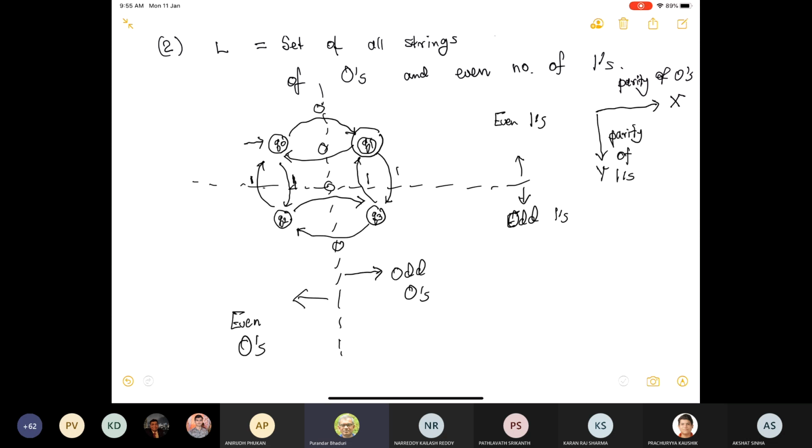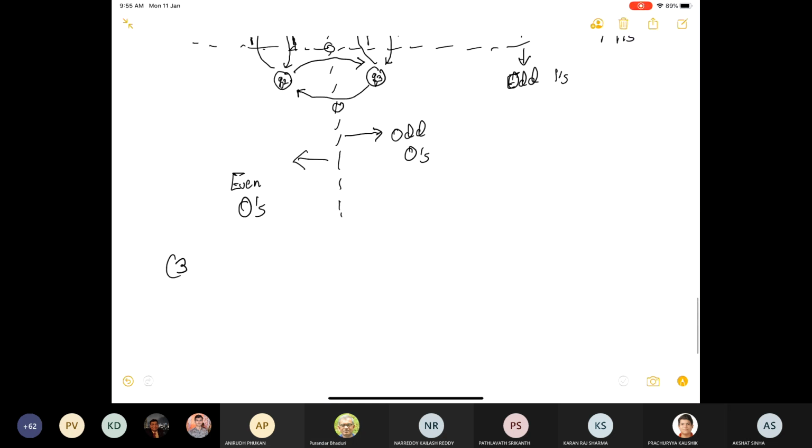Okay, let us proceed to more examples. L is the set of all strings that end with a 1.